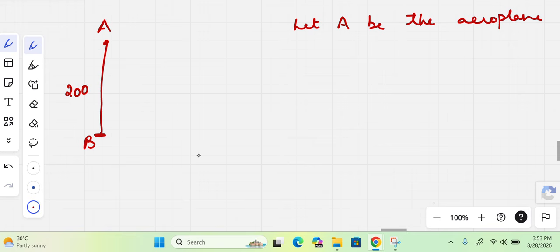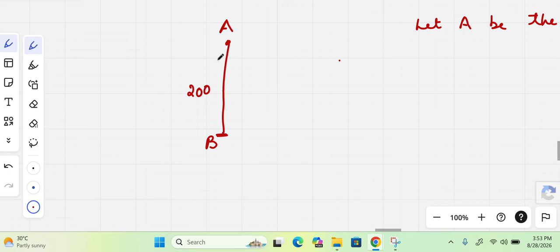Observes the angle of depression of opposite points on the two banks of a river. So this aeroplane is on top of the river. This is one bank of the river and this is the other bank, so this is C and this is D. Guys, this is important.